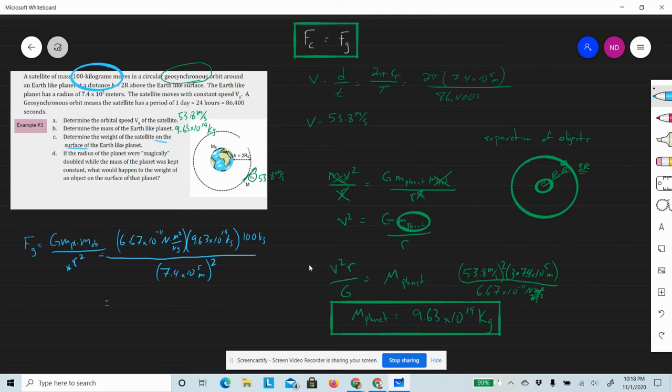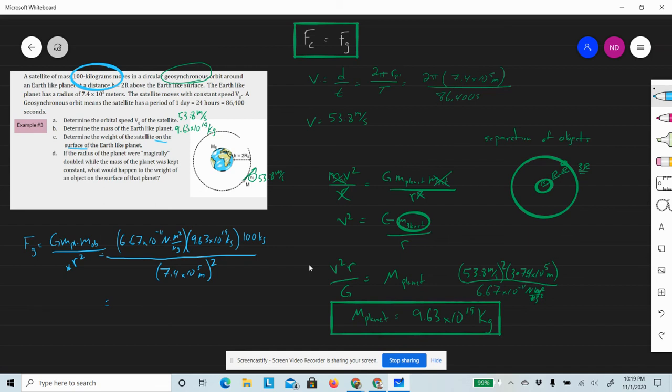And that will be its weight. So here we go. 6.67 E negative 11, times 9.63 E 19, times 100 gives you that, divided by 7.4 E 5 squared.